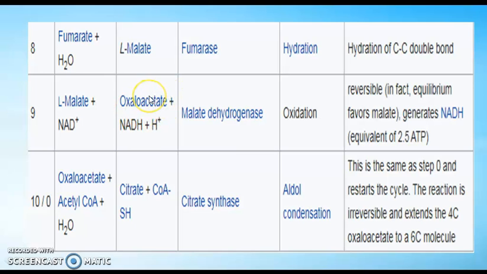Finally, this oxaloacetate reacts with acetyl-CoA plus water. So again, the incoming acetyl-CoA, which has been converted from pyruvate or from oxidation of fatty acids, and oxaloacetate combine together with the help of the enzyme citrate synthase to form citrate, and here the same aldol condensation occurs.